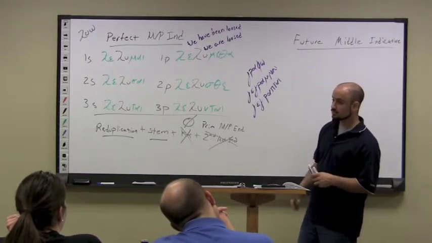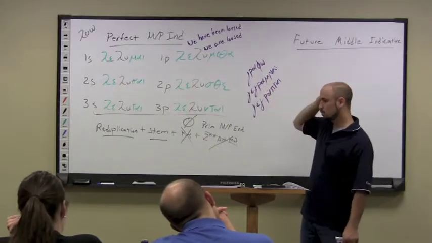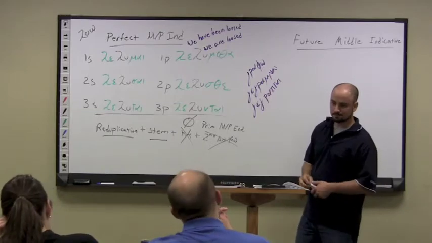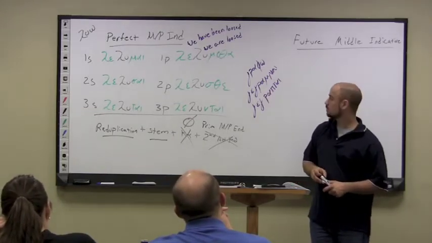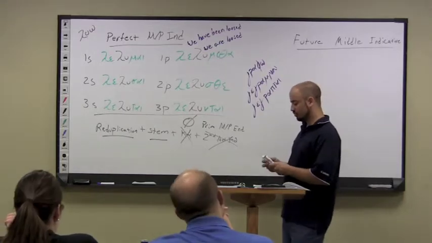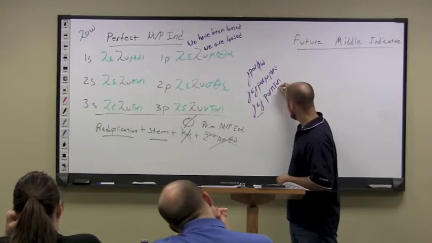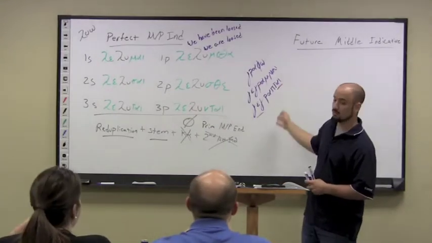So that fee is changed to a mu or a p. Not too huge of a change. And you should be able to recognize, based upon the reduplication and the ending, that it's a perfect and a middle passive.